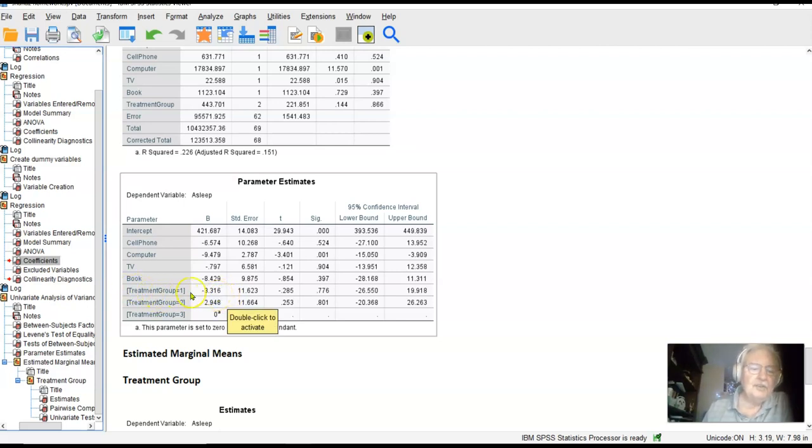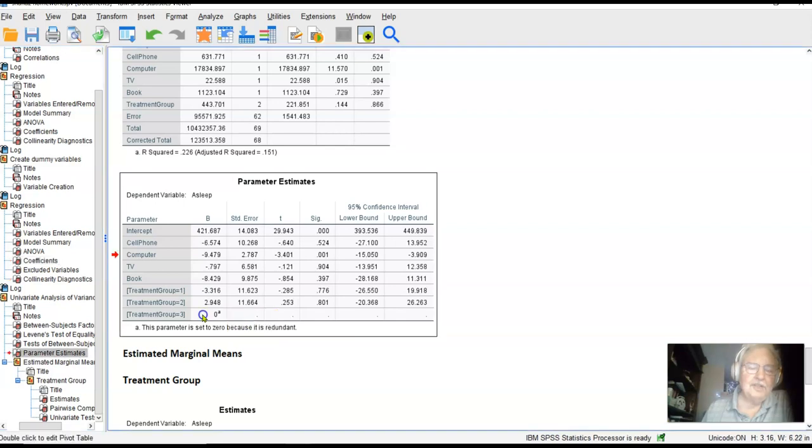Oh, and notice that in this case it creates the two dummy variables, but for control, it gives it a 1 or a 0. Blue blockers, it gives a 1 or a 0. The treatment group of software adjustment, it gives a 0. So everything is relative to the software, rather than in the regression equation, when we created our dummy variables, it was relative to the control.